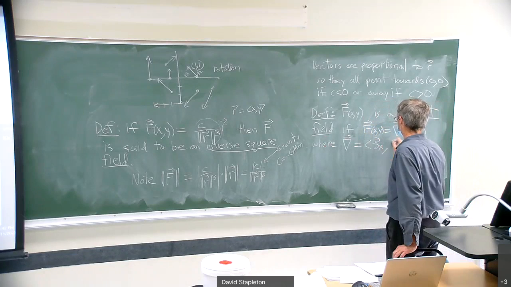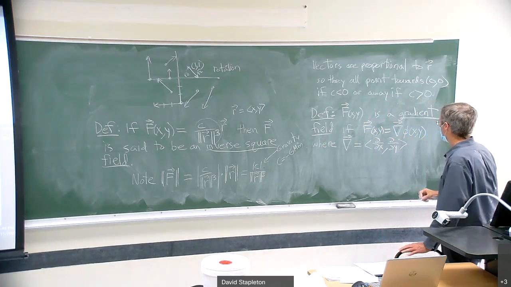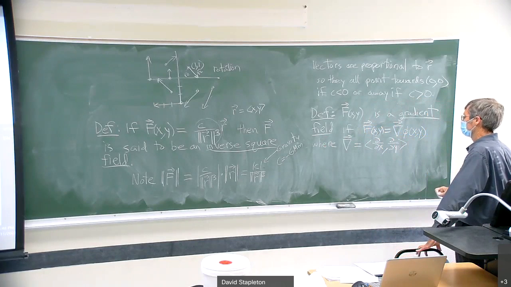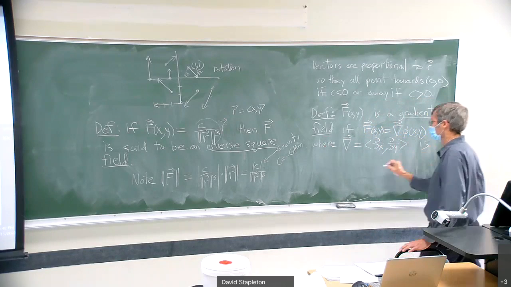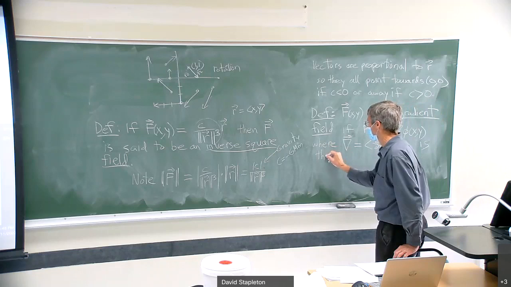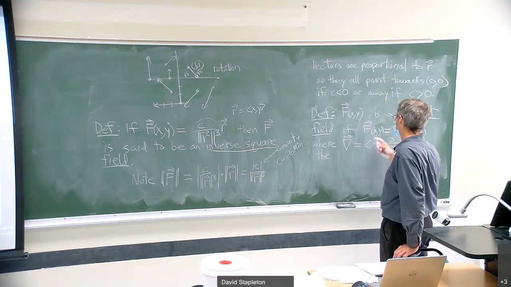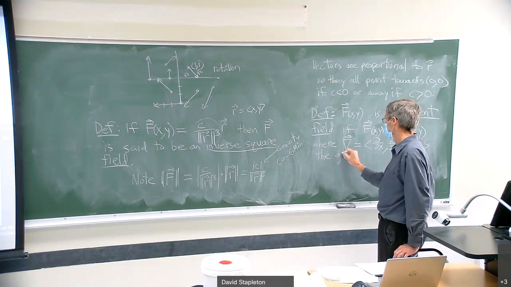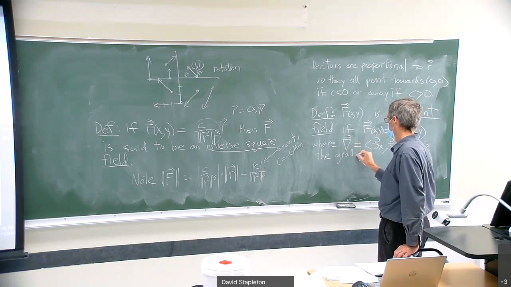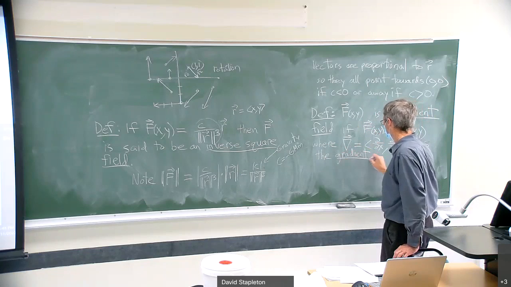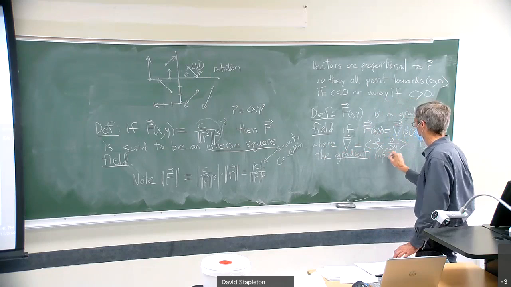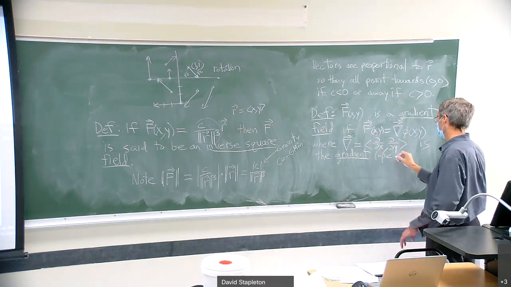It's the vector partial derivative. Yeah, this is the beginning. Hence, it's called a gradient field because at each point it's a gradient. We call it a gradient operator sometimes because it takes functions to functions.